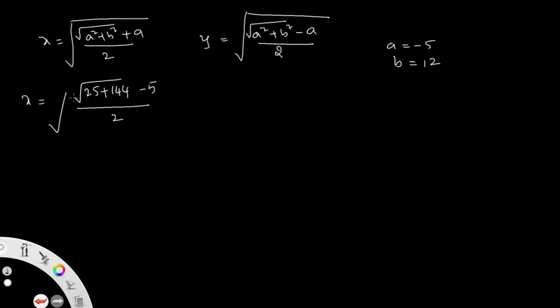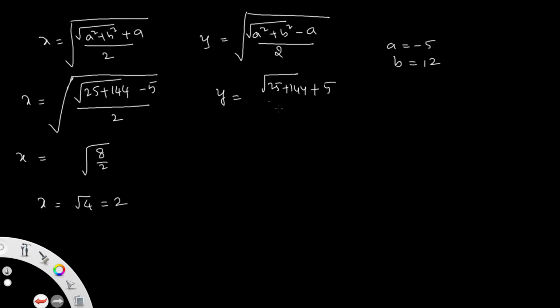Then 169, root means 13, 13 minus 5 means 8, 8 by 2 is 4 under root, root 4 is 2. In the same way, y equals the root of (13 plus 5) by 2, 18 by 2 is 9, root 9 is 3.